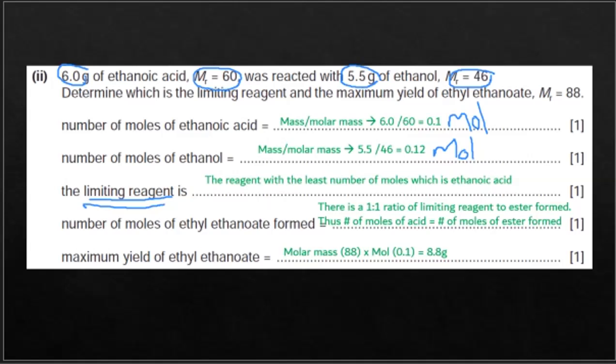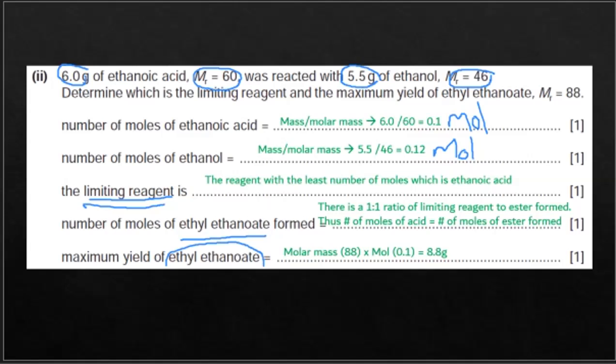This means that the same number of moles of the acid would equal the number of moles of the ethyl ethanoate, which is the ester. So therefore, we can now find the mass of ethyl ethanoate that is produced. The formula to find mass is moles multiplied by molar mass. To find moles, we divide the mass by the molar mass.